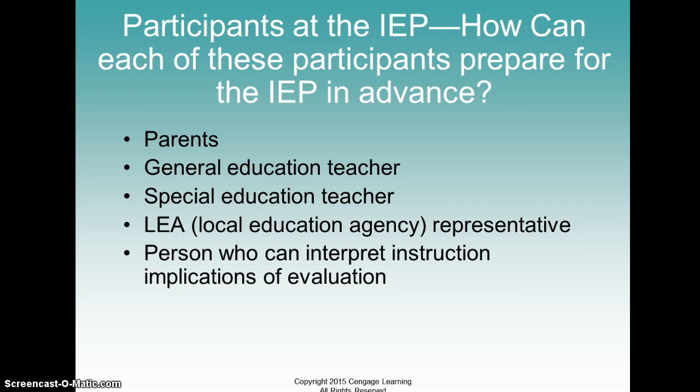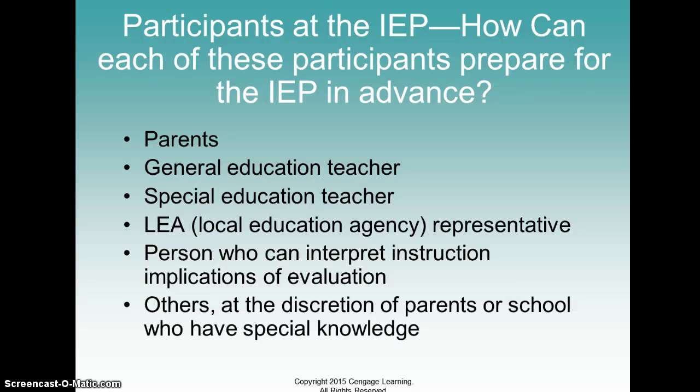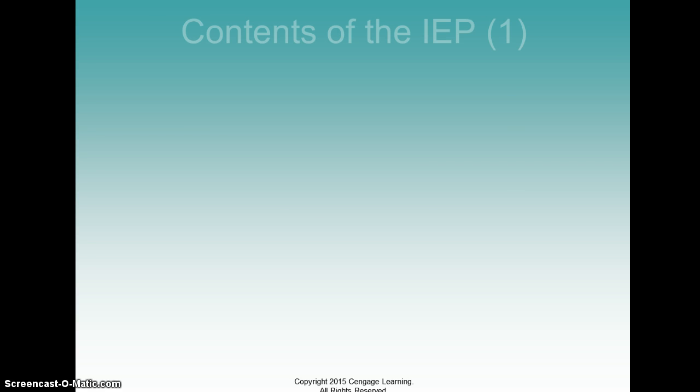The person who interprets the instructional implications of evaluation will look at the written reports and make some preliminary notes. And then others at the discretion of parents or schools. So this may be counselors, this may be occupational therapists, speech therapists, it could be physical therapists, other people that might have special knowledge about this child. And then the child, if they're old enough.